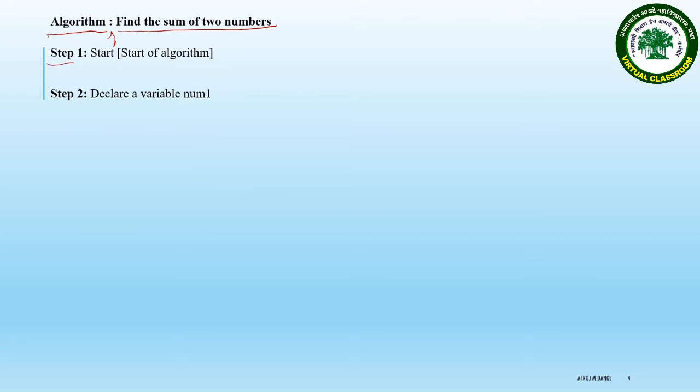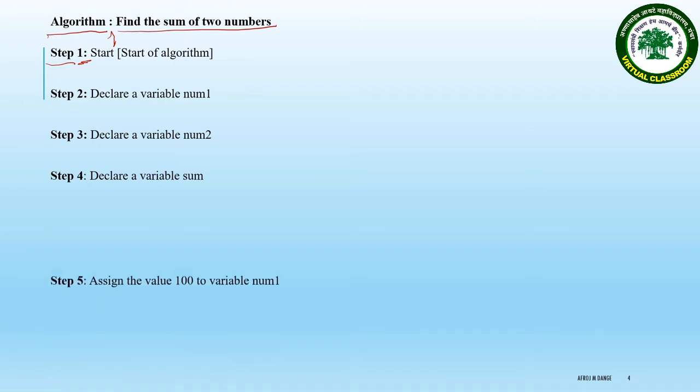Then comes the step number, then the colon. The step number should be an unsigned integer, that means a positive integer. Step numbers should be written in incremental order: 1, 2, 3 and so on.